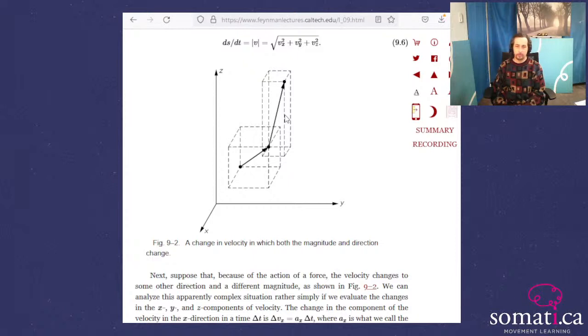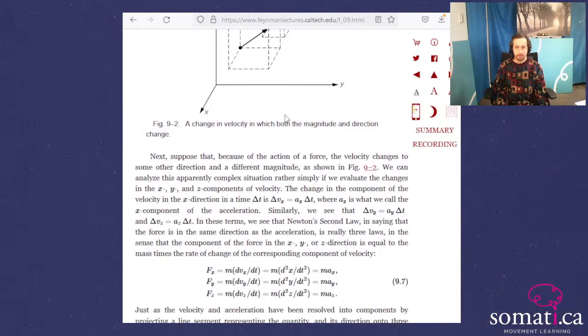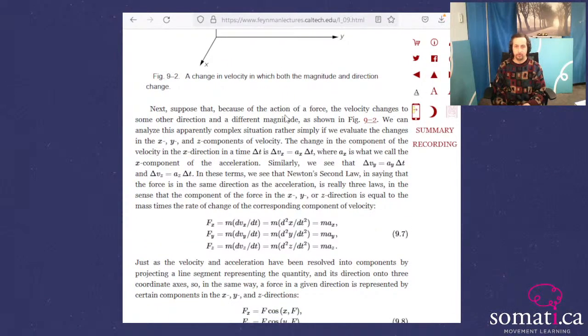And so then in 9.2, we're looking at a change in velocity. And the recipe is to evaluate the x, y, and z components independently.